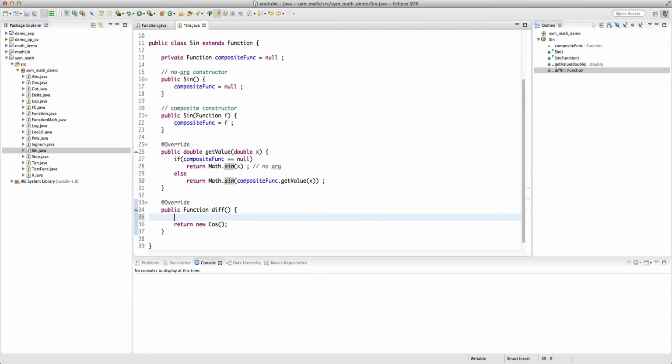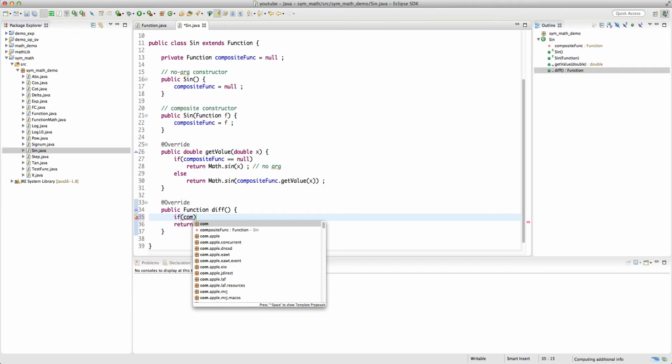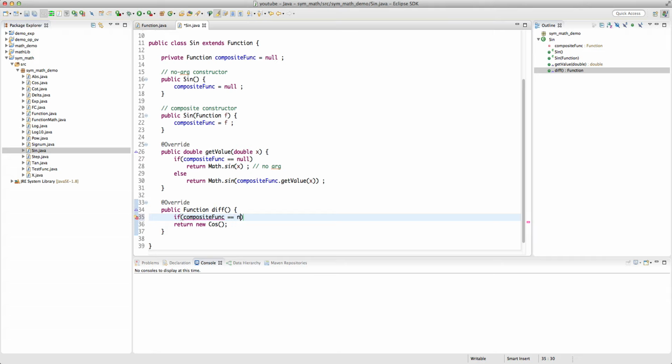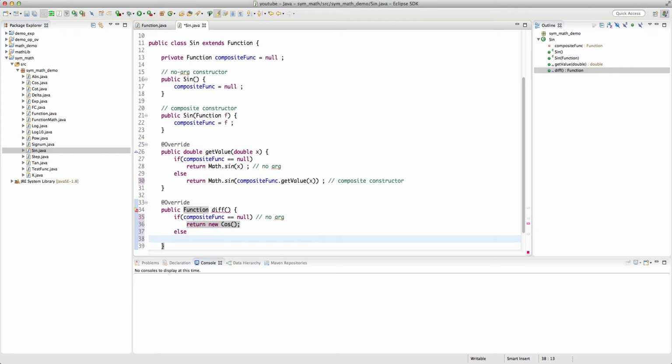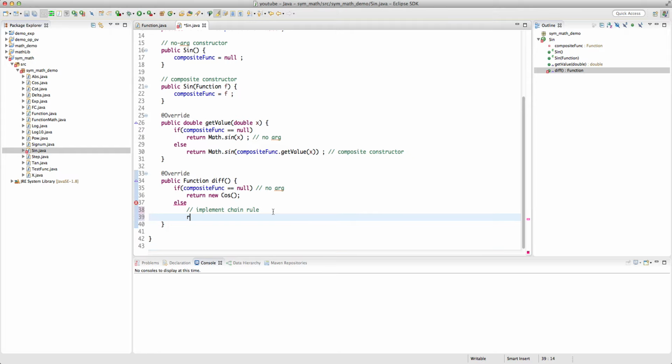Now for the diff, it's the same thing, so let's write it. If composite func equals null, it means no arg constructor. If it's not null, it means a composite constructor was invoked. Else in the diff we have to implement the chain rule, and I have to return a function.